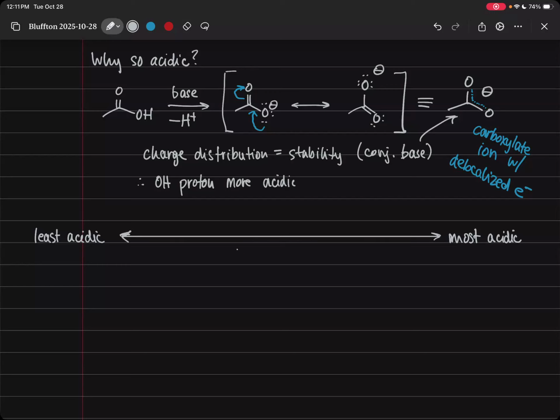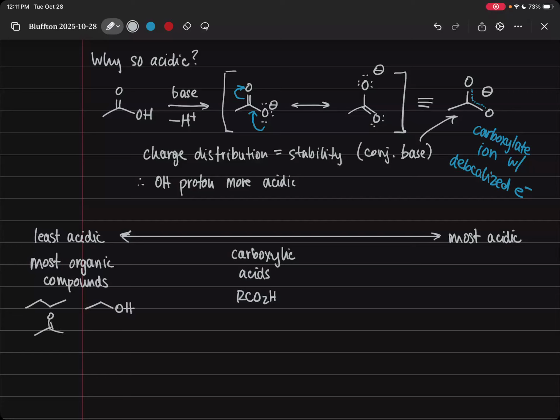So if we say that carboxylic acids are kind of in the middle here, they are intermediate between, well, the vast majority of organic compounds, for example, alkanes or alcohols or ketones or anything like that. Those are not particularly acidic. Here, the ethanol is the most acidic, but still not by very much.